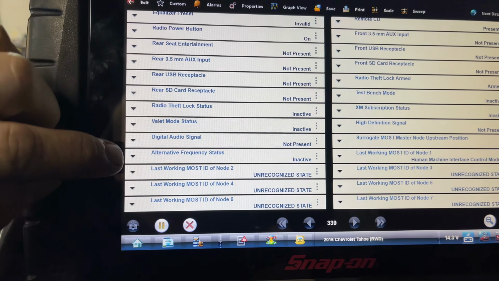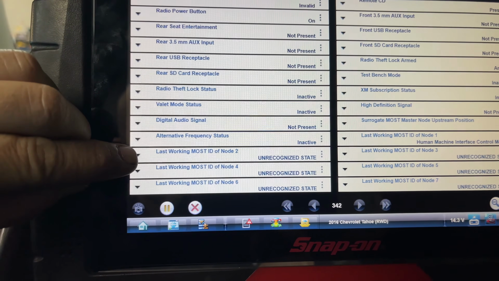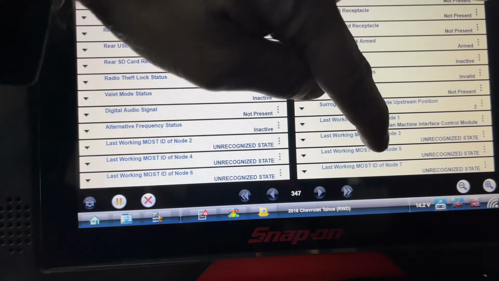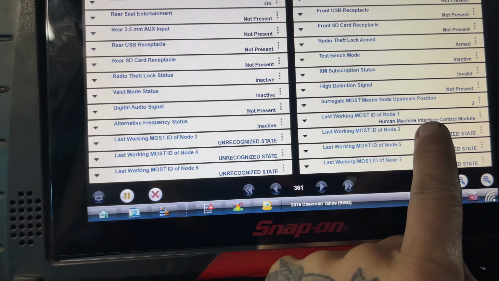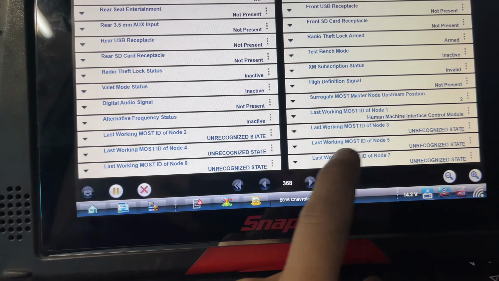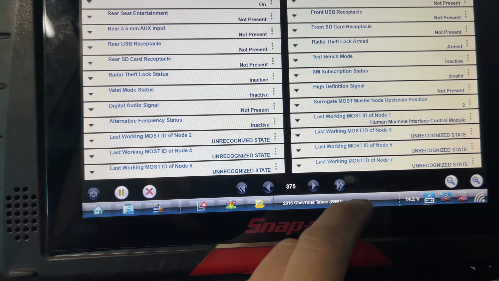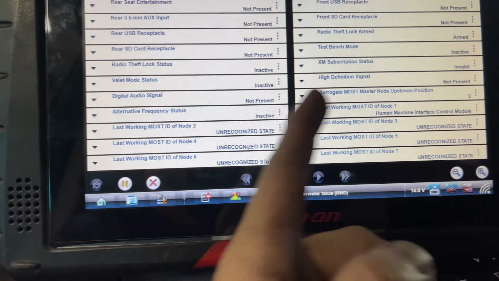And if you look at the last working node list, node number 1 is HMI, and everything else is unrecognized. So the radio basically is only saying it can talk to that. Okay, I'm a little wrong right here. We shouldn't so much be worried about this last working MOST ID of node 1.